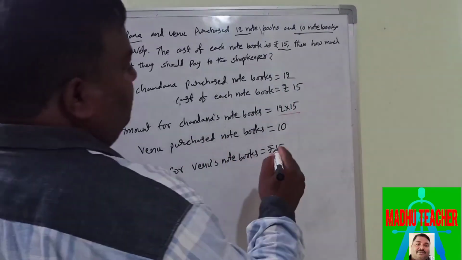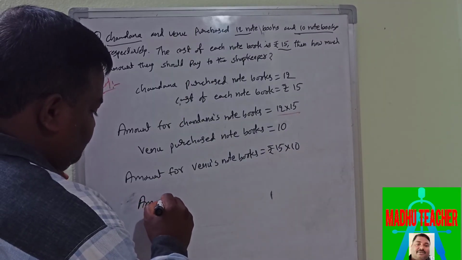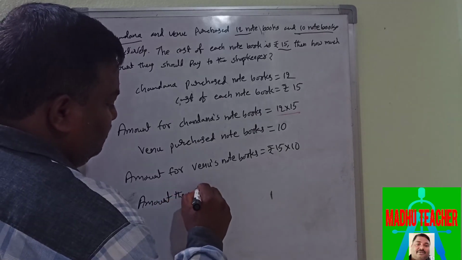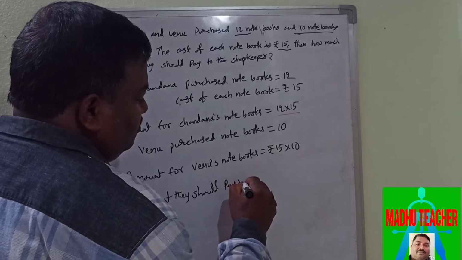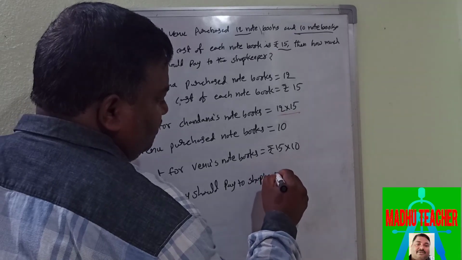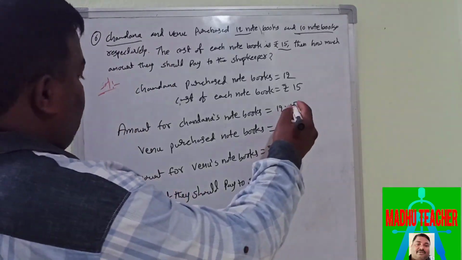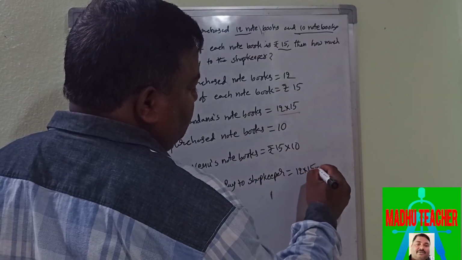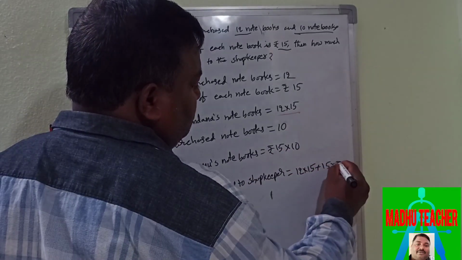So 15 into 10. They should pay to shopkeeper. So how much they should pay? So amount of Chandana's notebooks 12 into 15 plus amount for Venu's notebooks, that is 15 into 10.